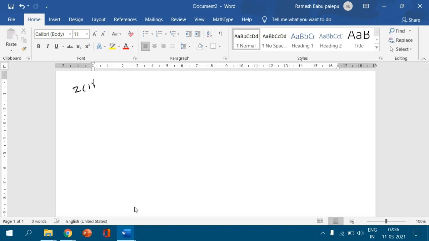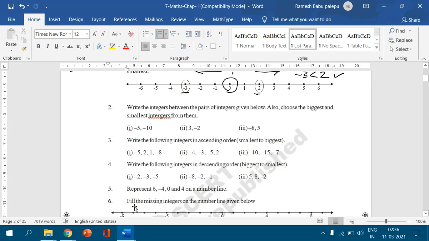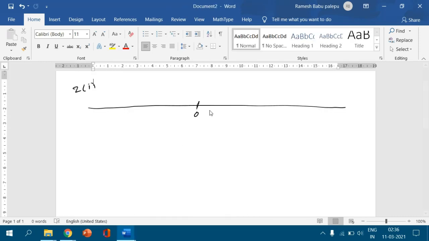This is the first concept. We will consider the number line, and on the number line this is the 0, and we check which one. The first one is -5 and -10. So they are giving the pair -5 comma -10.